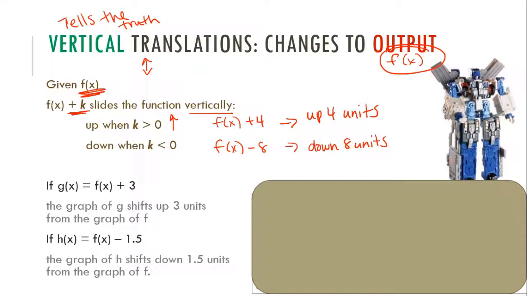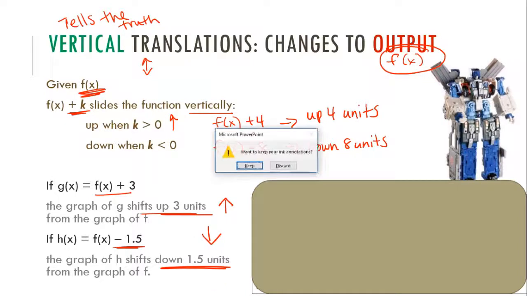So let's look at an example. If I have f of x plus 3, that means I'm going to shift up 3 units. I'm going up 3. And if I were to have f of x minus 1.5, this really means I'm moving down 1.5 units. So we can see that graphically.